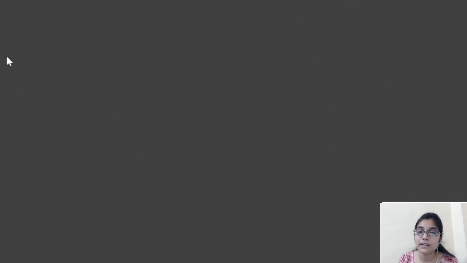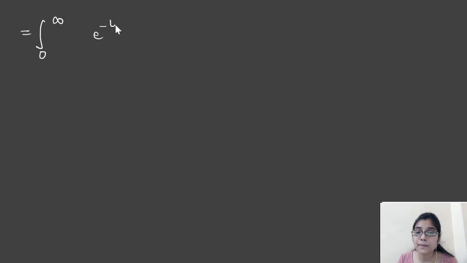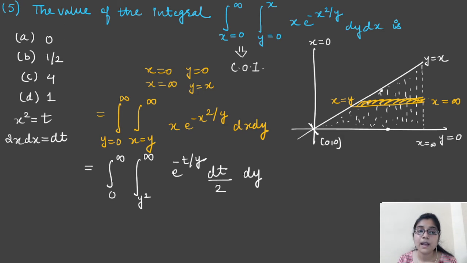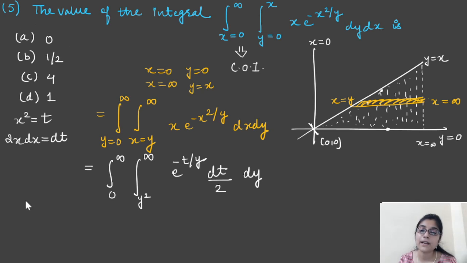Now we will solve it. So 0 to infinity. So once you solve this with respect to which variable? t. What will you get? e raised to the power minus t by y, and in the denominator you will get minus 1 by y. 1 by 2 was already there, and the limit is from where to where? The limit of t is from y square to infinity, then this is your dy. Fine, I hope now this is understandable to you.